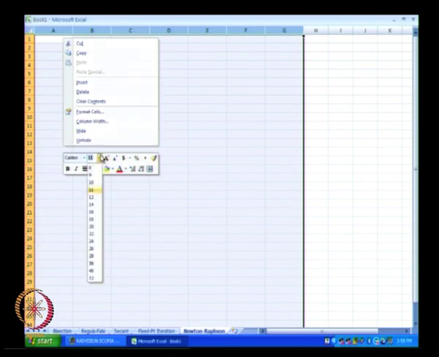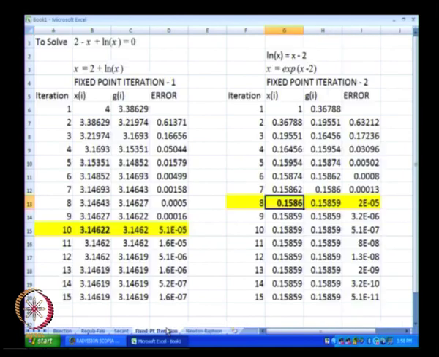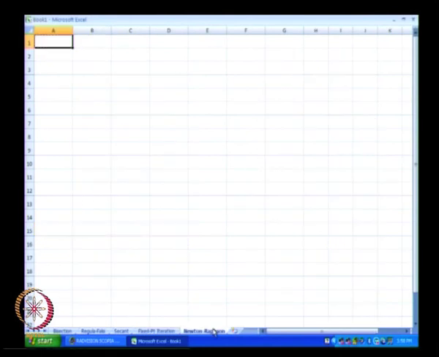We will just increase the font size as before so that it becomes easy to view. We wanted to solve this equation f of x equal to 0.